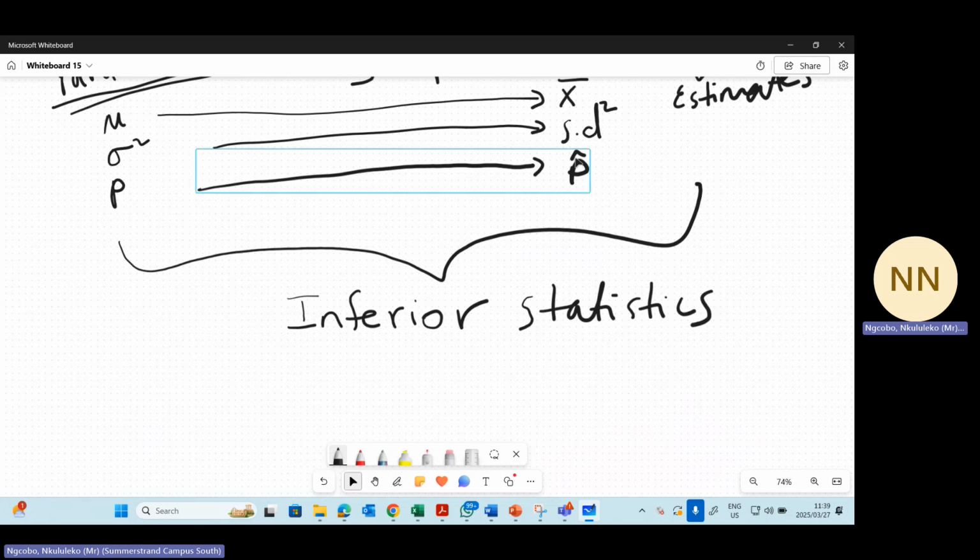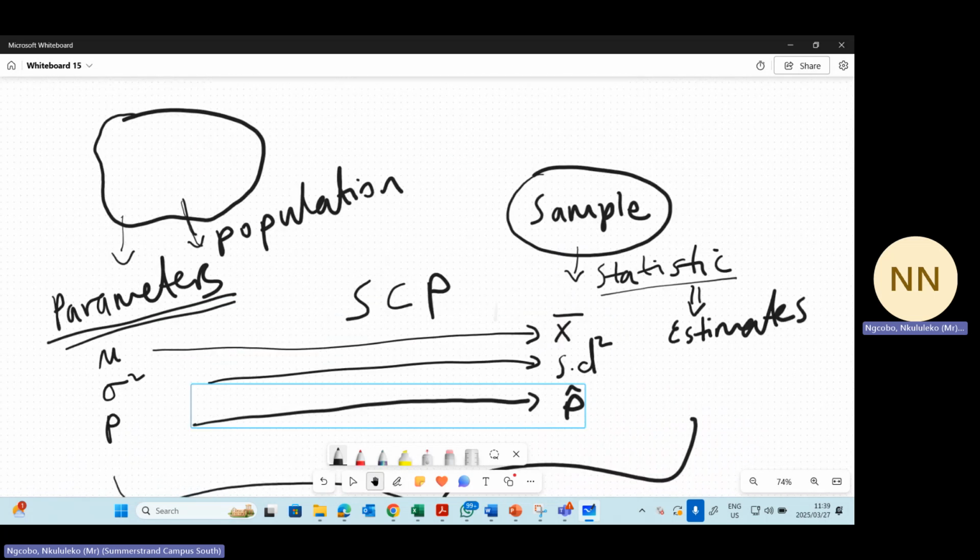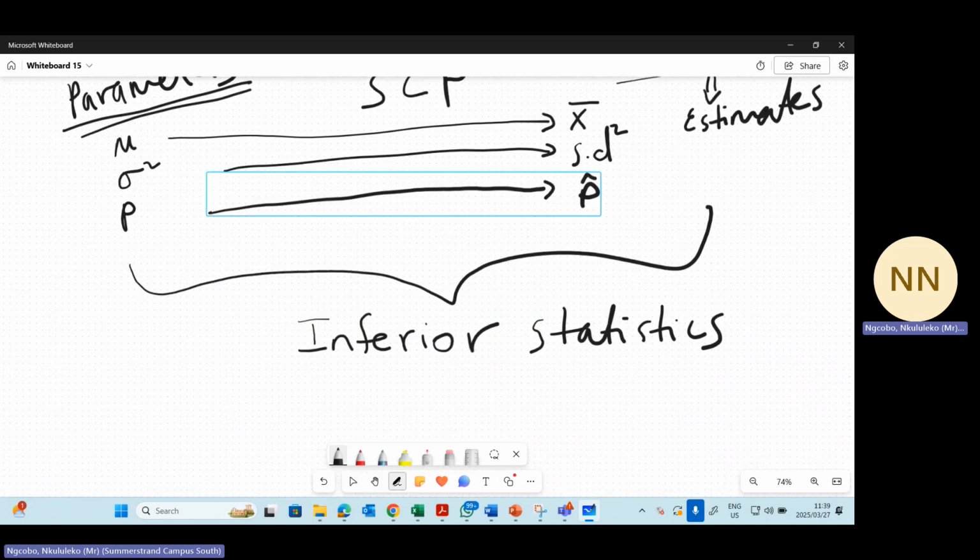So your point of doing all this is because you want to do something referred to as inferential statistics.